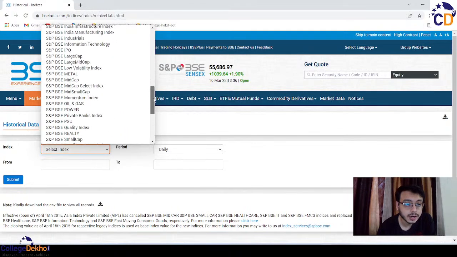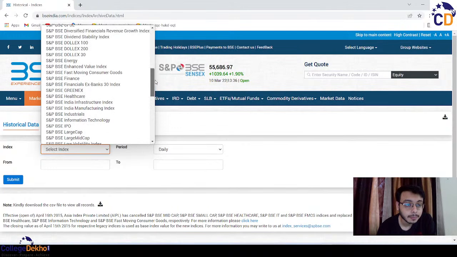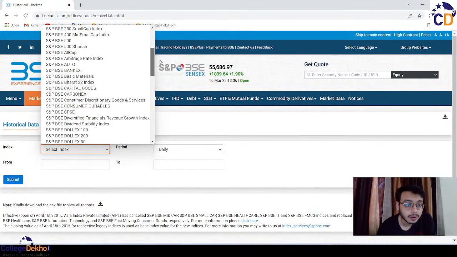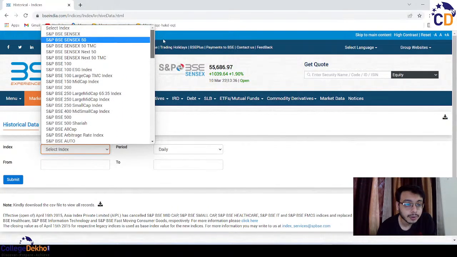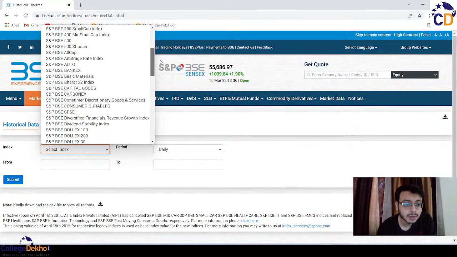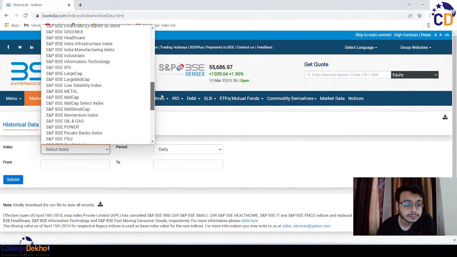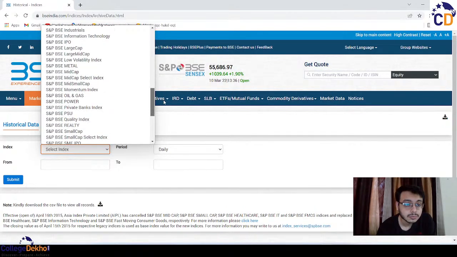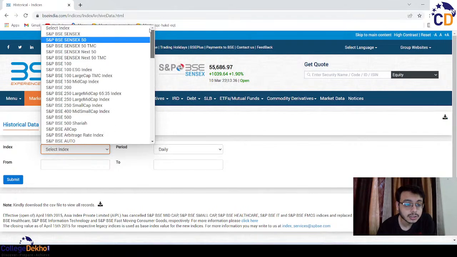Private bank, quality bank, dollar, auto, small cap, large cap, Sensex, mid cap, large mid cap, bankers, Bharat. Right? All these indexes are there.